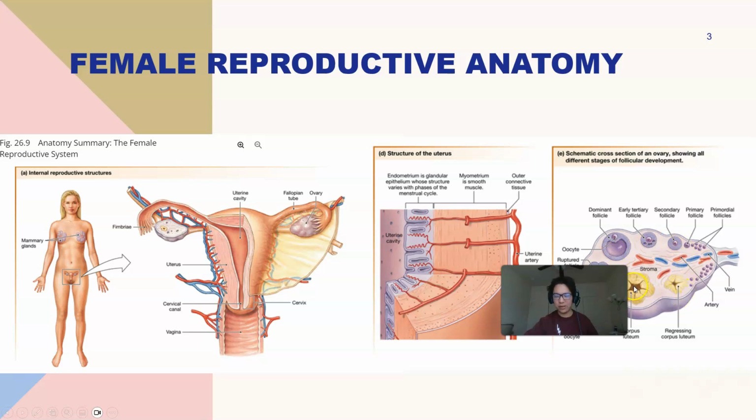It's usually expelled, and then the corpus luteum is a structure that remains. So once again, the very important organs I'd like to point out are the ovaries, the uterus, and the eggs.